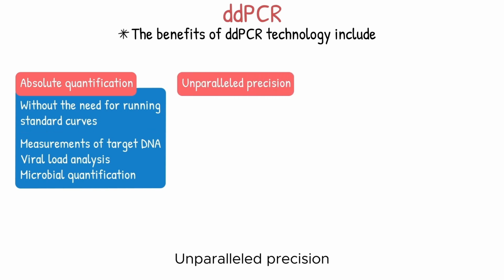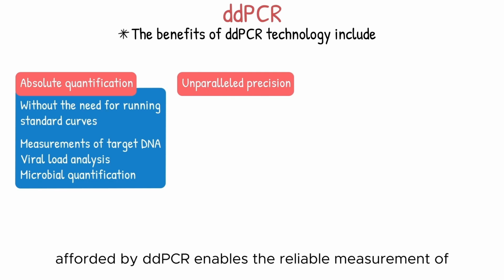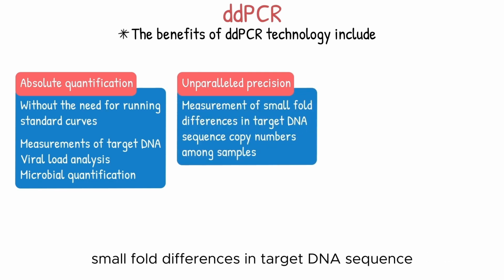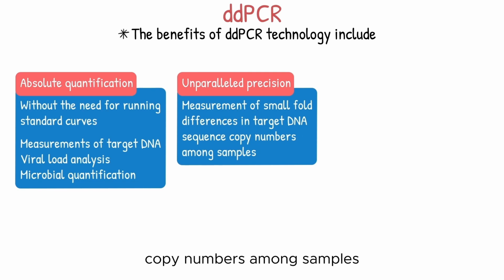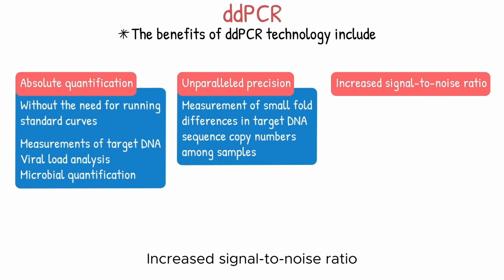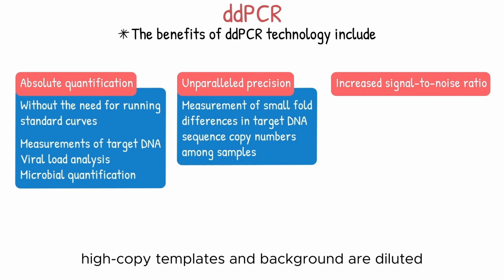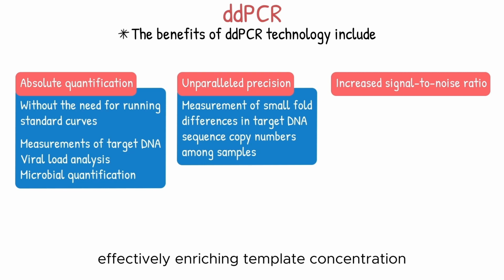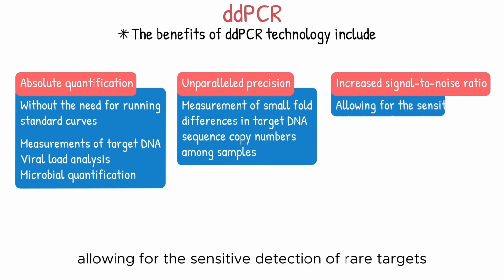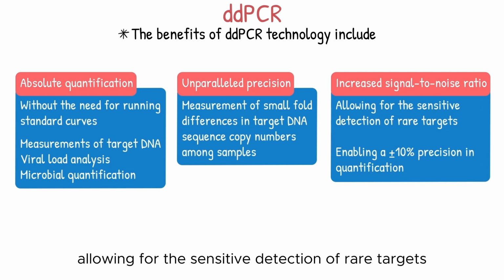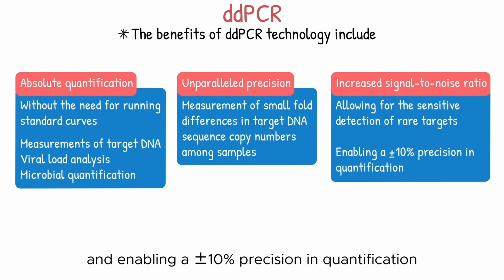Unparalleled precision. The massive sample partitioning afforded by ddPCR enables the reliable measurement of small fold differences in target DNA sequence copy numbers among samples. Increased signal-to-noise ratio. High-copy templates and background are diluted, effectively enriching template concentration in target-positive partitions, allowing for the sensitive detection of rare targets and enabling plus or minus 10% precision in quantification.